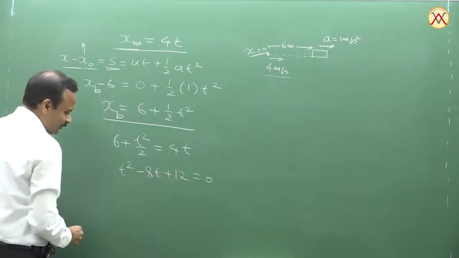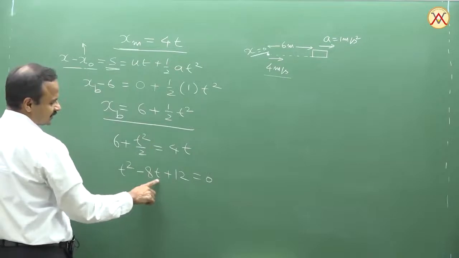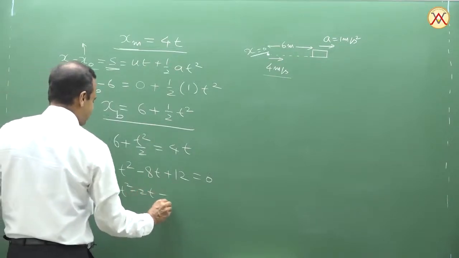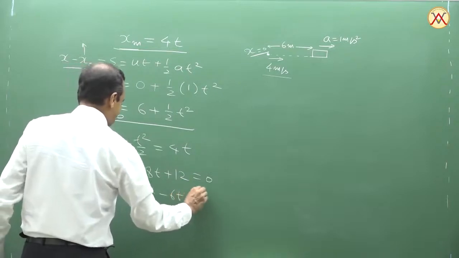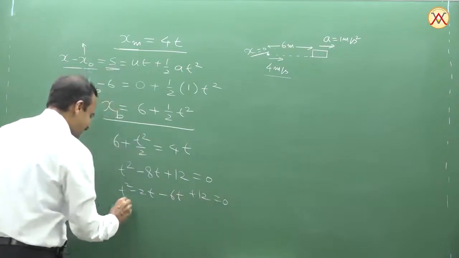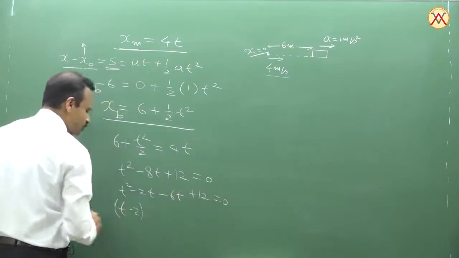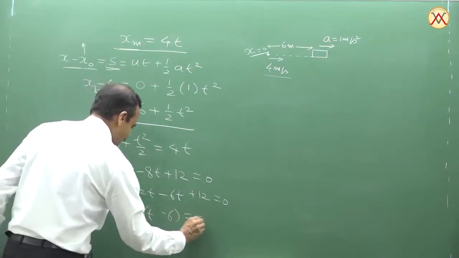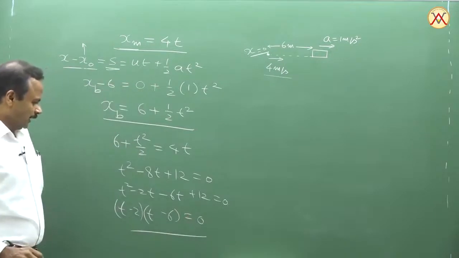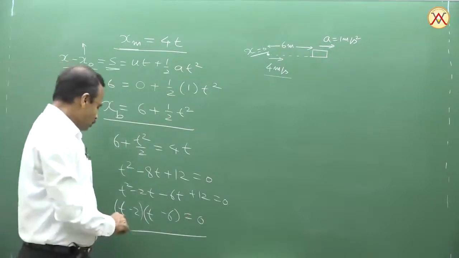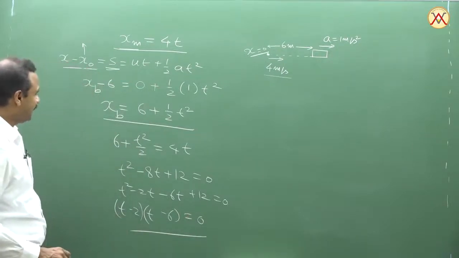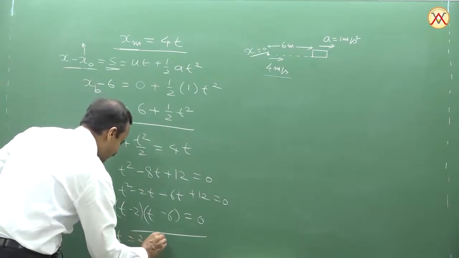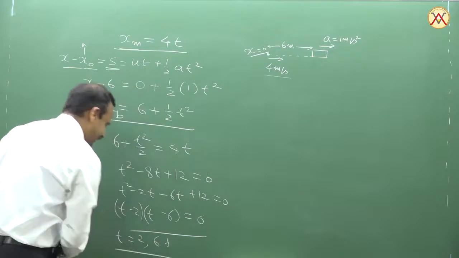This can be easily factorized. 6 into 2 is 12, so t square minus 2t minus 6t plus 12 equal to 0 gives me t minus 2 times t minus 6 equal to 0. So we are getting two roots for t: t equal to 2 and 6 seconds.